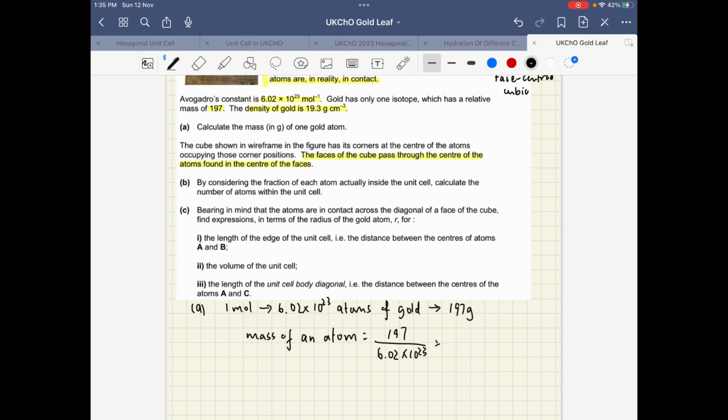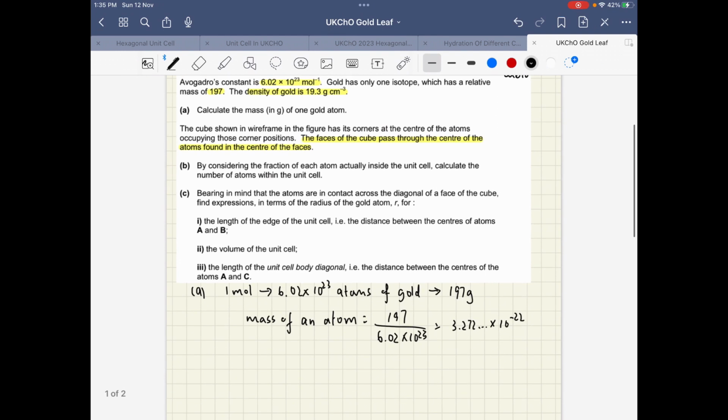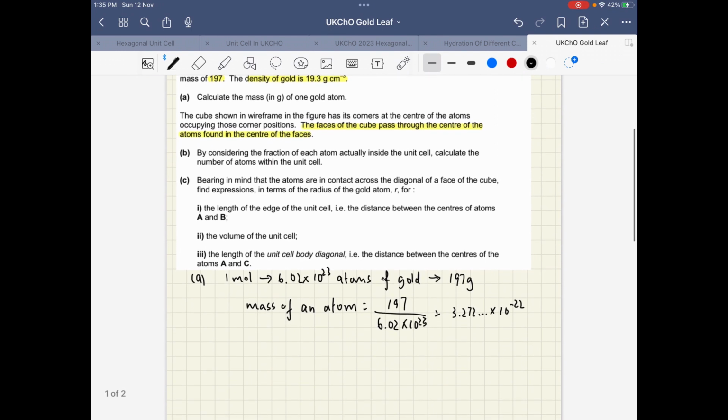Plugging this into the calculator, I have 3.272 times 10 to the power of negative 22. So this is the mass of one gold atom.